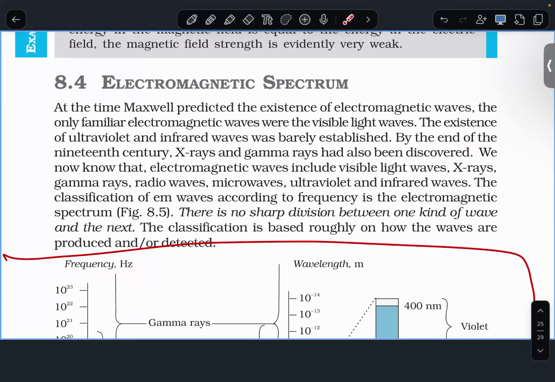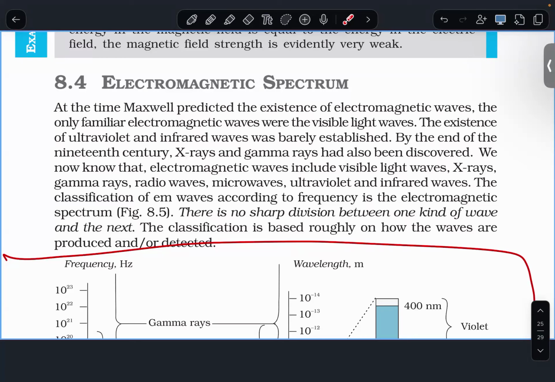Later on, the existence of ultraviolet and infrared was experimentally observed. There was no idea about a spectrum by that time. Accidentally, sometime later, X-rays were observed. As science proceeded, gamma rays were experimentally discovered. So all these are electromagnetic.